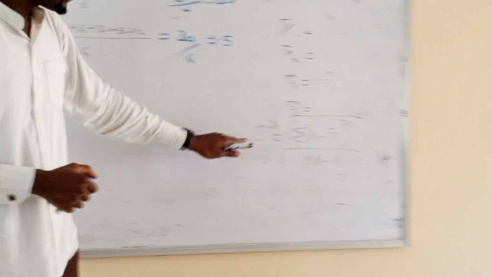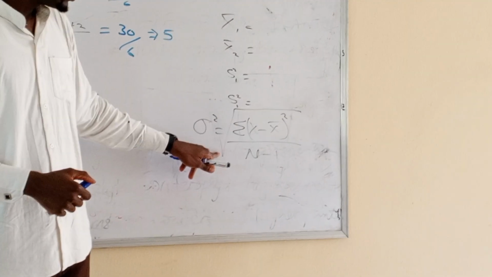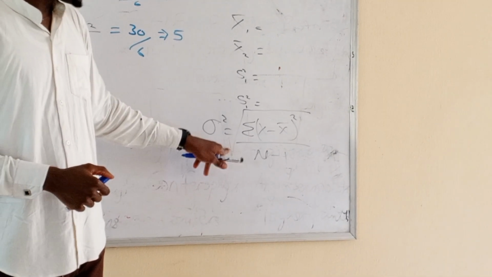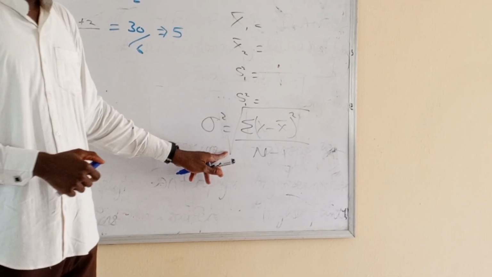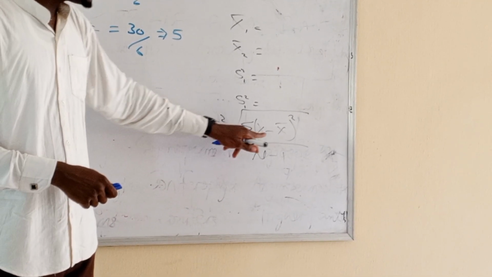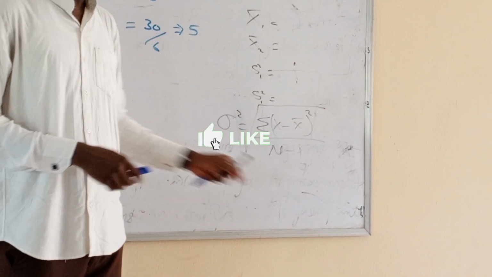So standard deviation by formula, I am putting square root just because at the end of the day, the square and square root will cancel one another, if I am not mistaken. So it implies that the deviation from the mean squared is divided by this, then you find the square root.